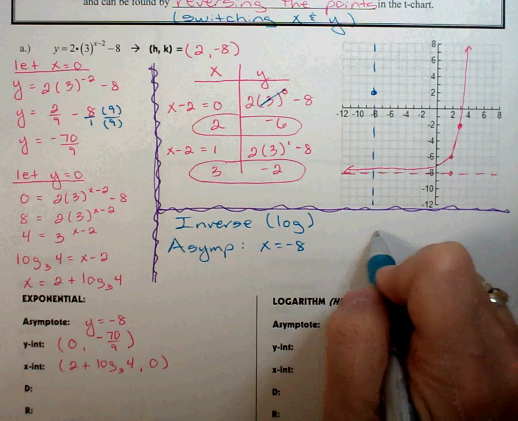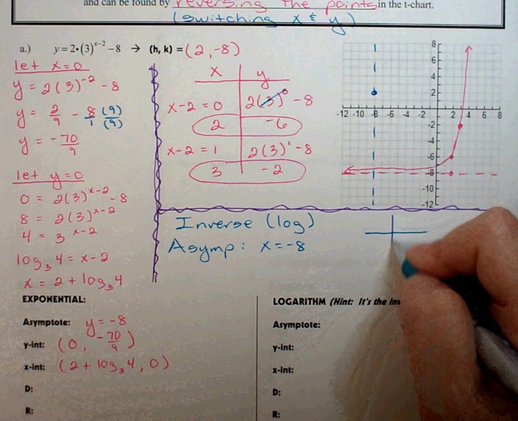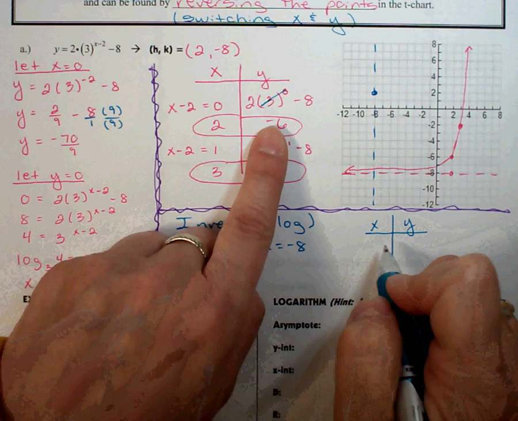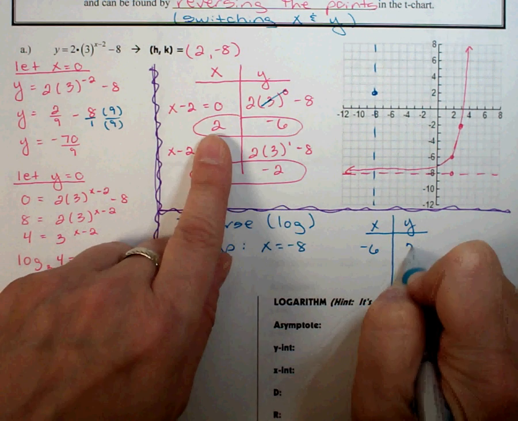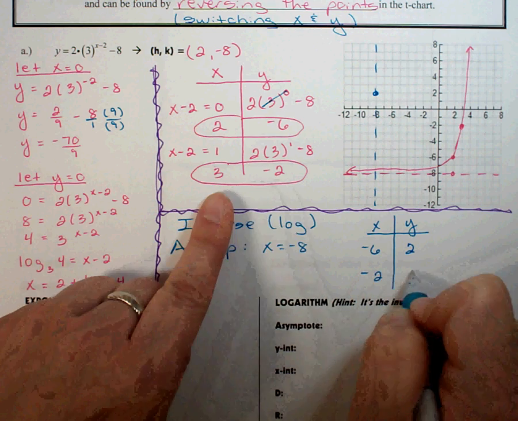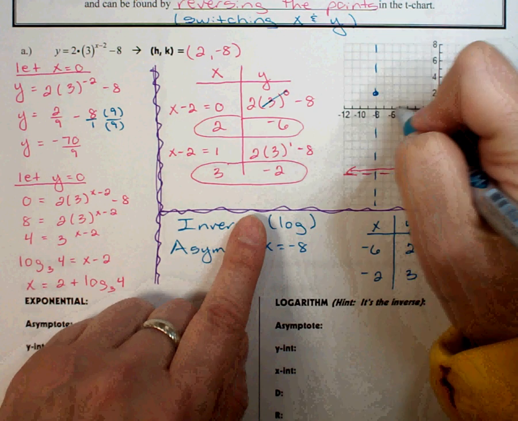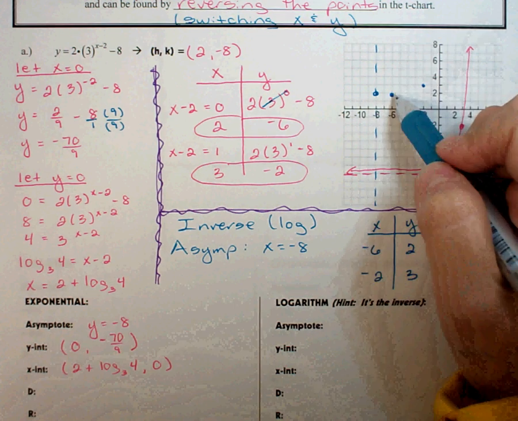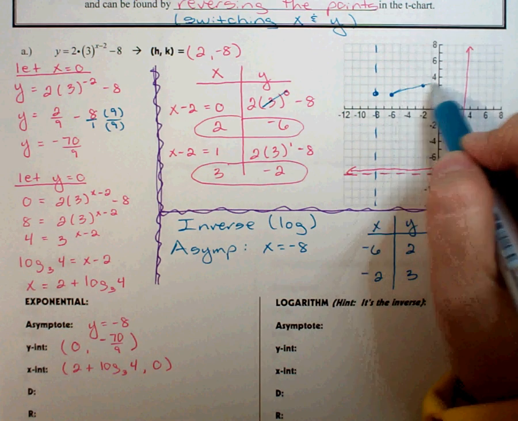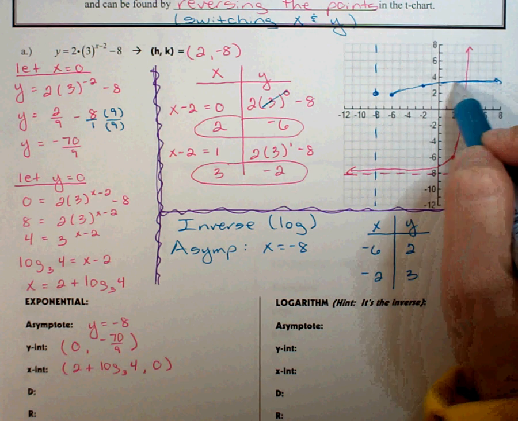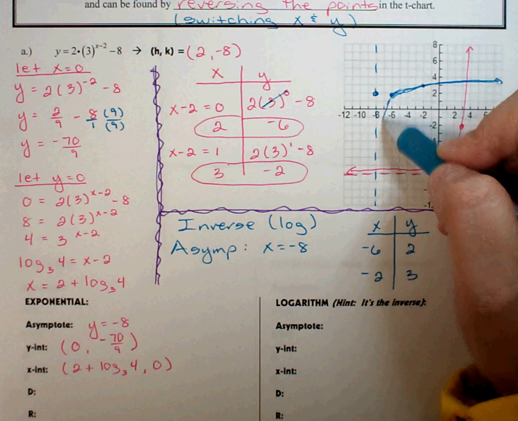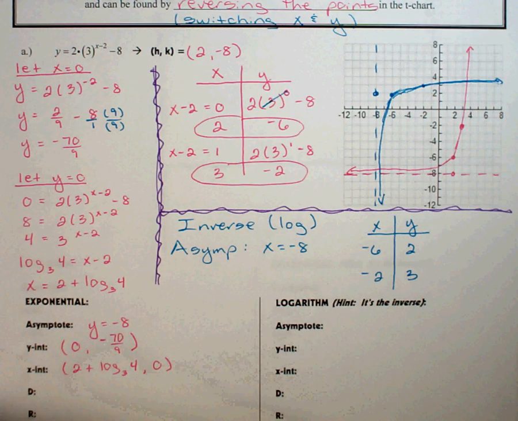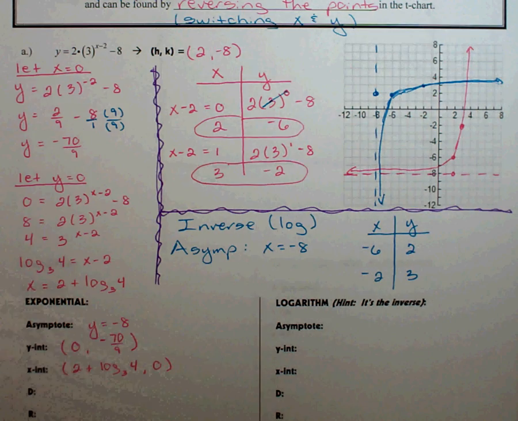I can take the t-chart that I just calculated, and if I want to write it out, I can do that as well. And I can rewrite it as negative 6, 2, and negative 2, 3. So if I plot those points, I can now see that my logarithmic graph is going to flatten out and will drop quickly and approach its asymptote.